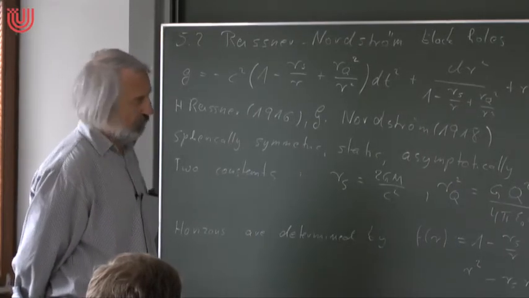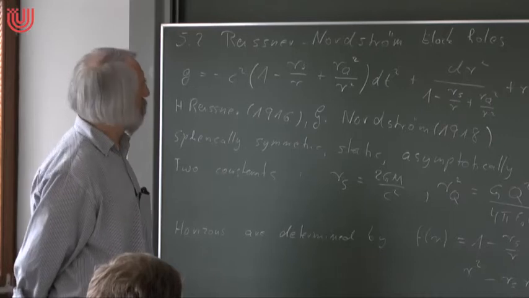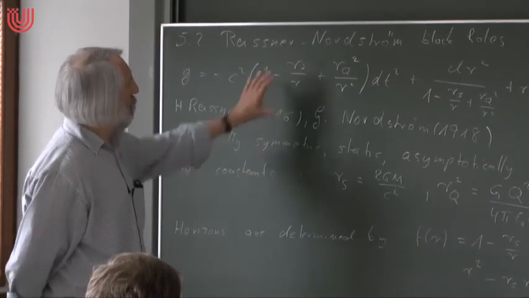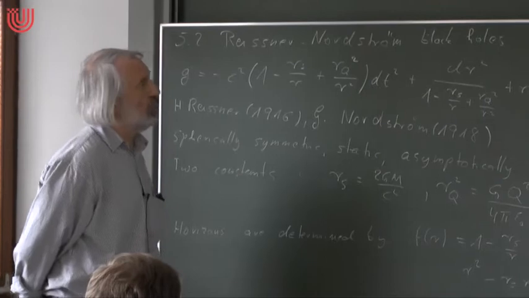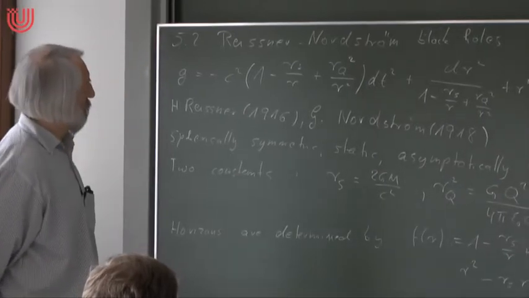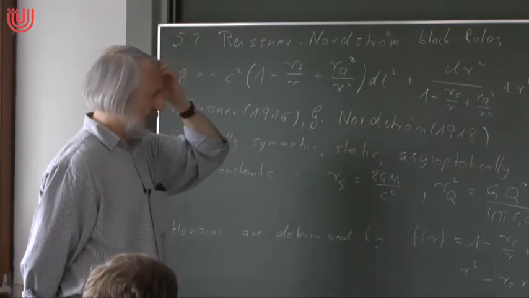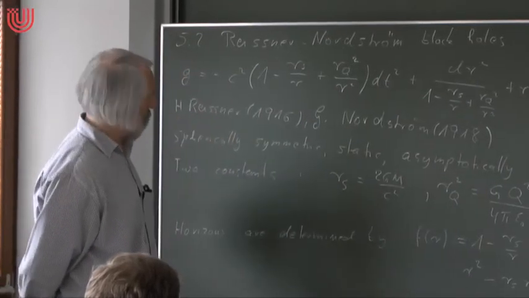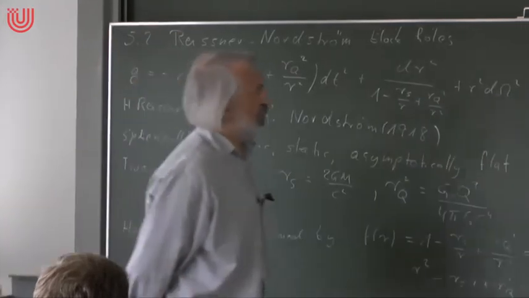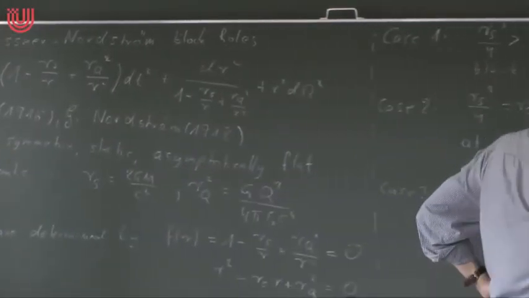And this will be something like generalized Eddington-Finkelstein coordinates. So we will do this now in some detail for case 1. And then we will discuss where the qualitative differences are in comparison to the Schwarzschild case. Okay, I think I should use this space a little bit here.